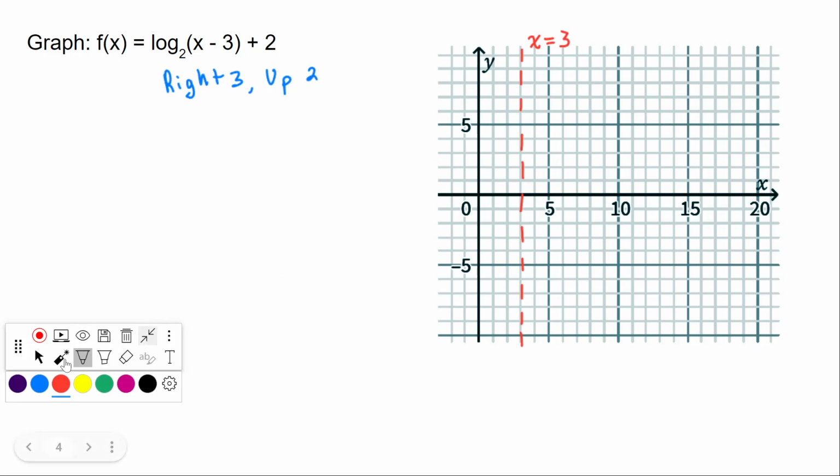But we're also shifting the graph up 2 units. So that means our x-axis is being transformed, is being translated. And the point we're interested in working off of is the intersection of the translation of the vertical asymptote and the x-axis. I think of it as my new origin, my new starting point. We still use that same XY table that I did on each of the previous ones.